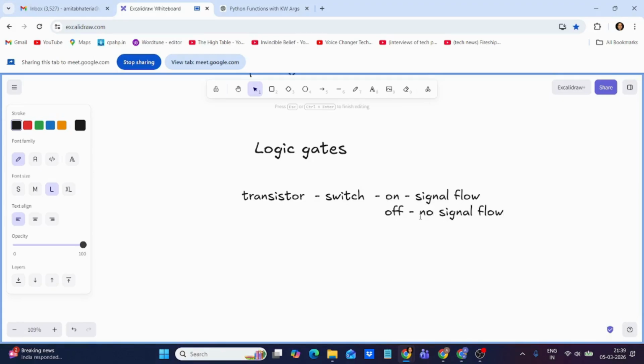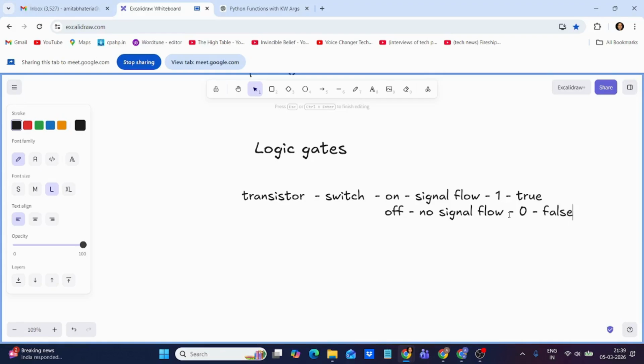What other thing can we represent a signal flow as? One. And what other? One as true, right? And what can we represent no signal flow with? Zero. And then as false.